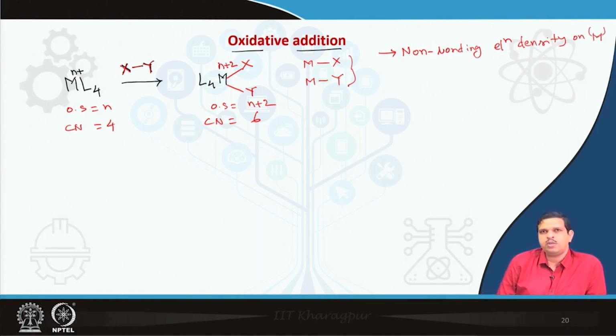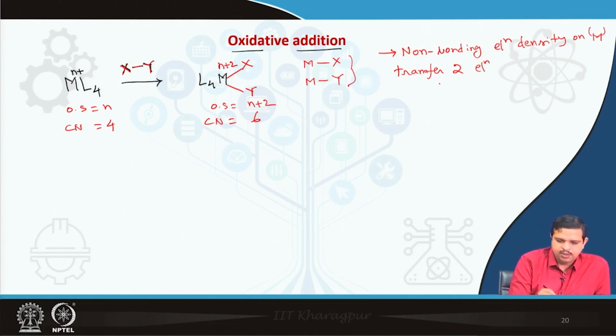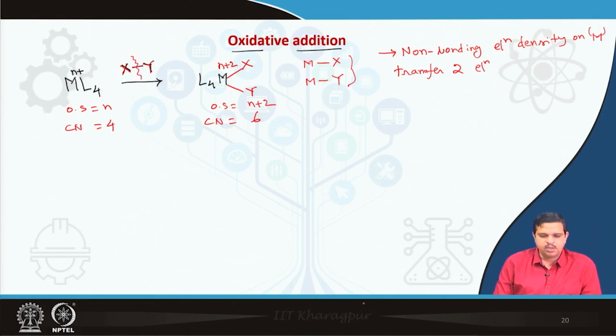So, d orbital should not be empty. Okay. M transfers 2 electrons to L.